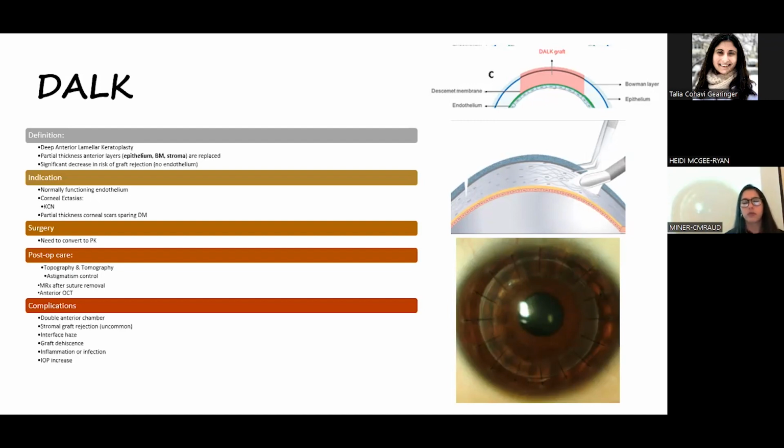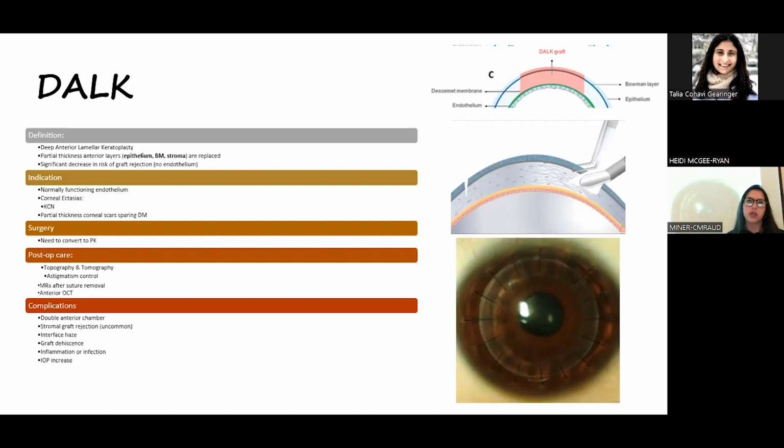Indications for this type of transplant: it's usually when the patient has a normally functioning endothelium, so that inner layer has no problem, is not involved in any scar, and is functioning well. It's commonly done in patients that have keratoconus, as I mentioned before, but some patients with keratoconus have a corneal scar.